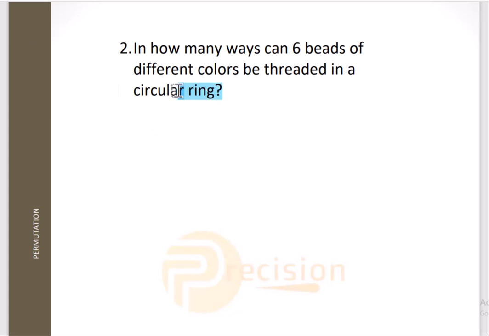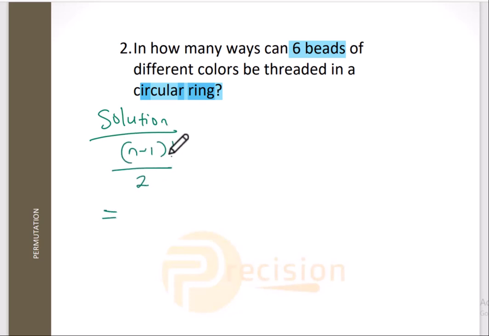So we are going to use the second formula, which says (n minus 1) factorial all over 2. I use this one because it says ring. Whenever we have a ring, we're going to use this formula.